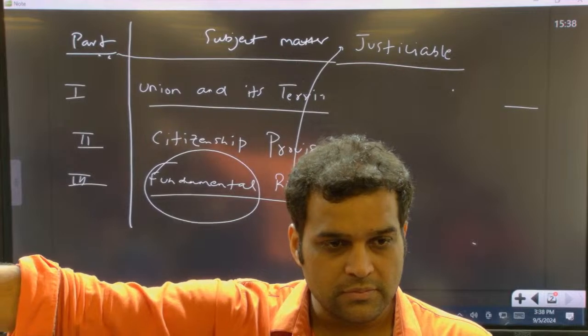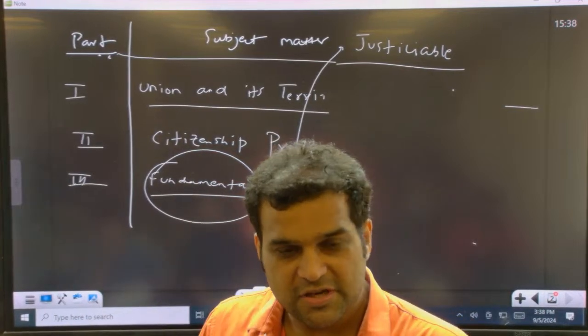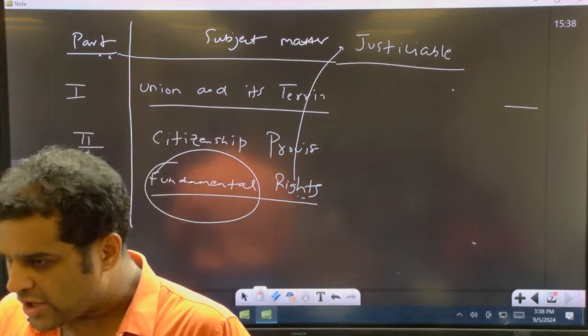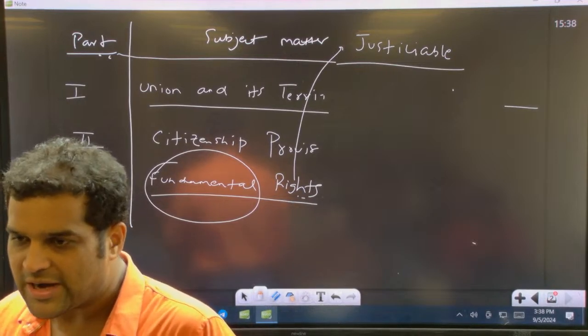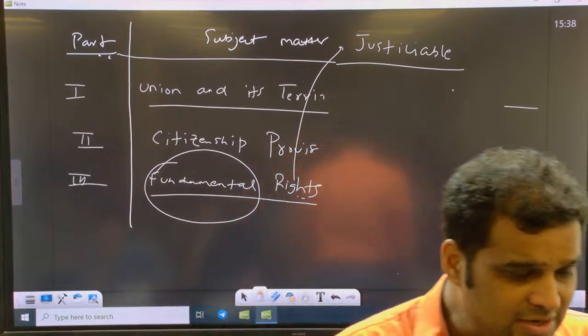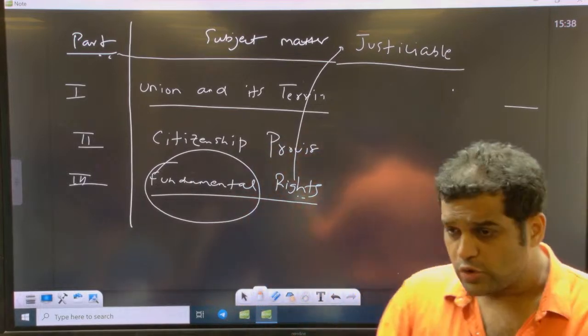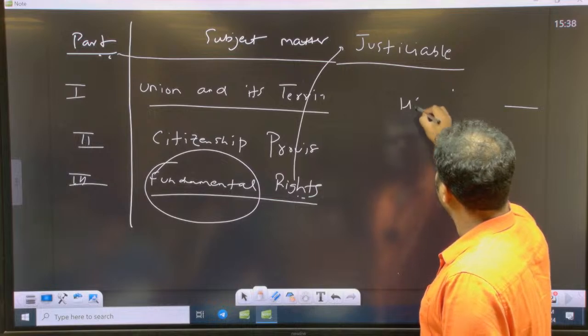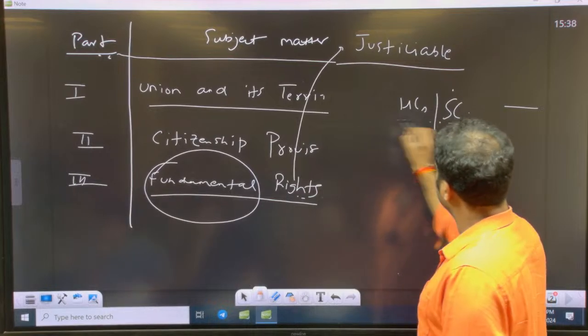24/7, right? If any person violates my fundamental rights, or any organization violates my fundamental rights, or any government for that matter violates my fundamental rights, I can directly go to high courts or Supreme Court.